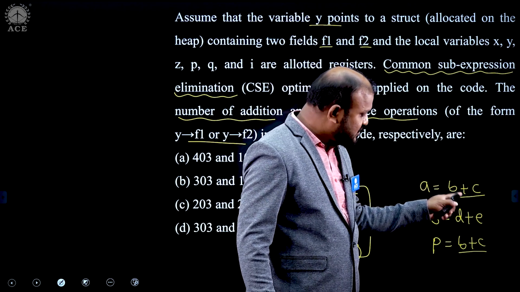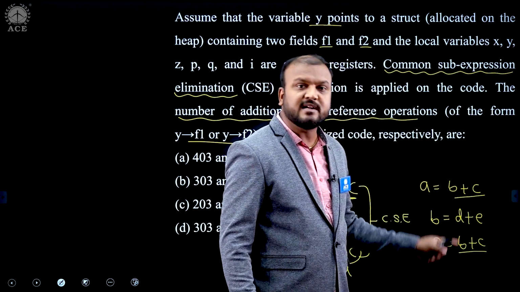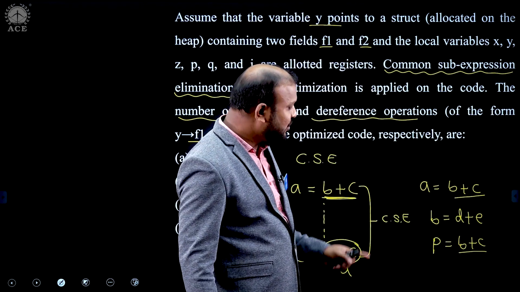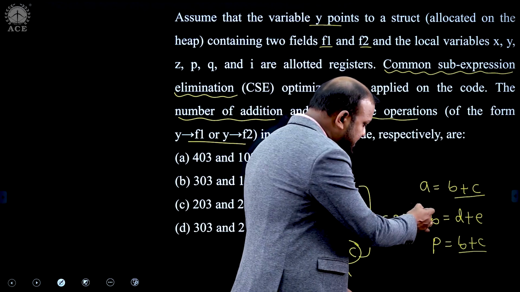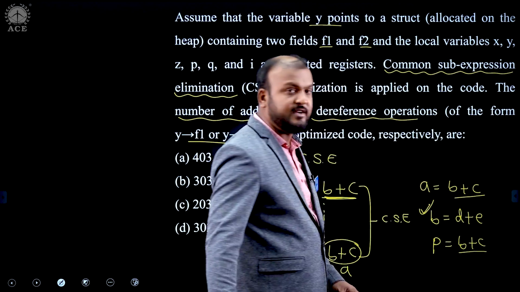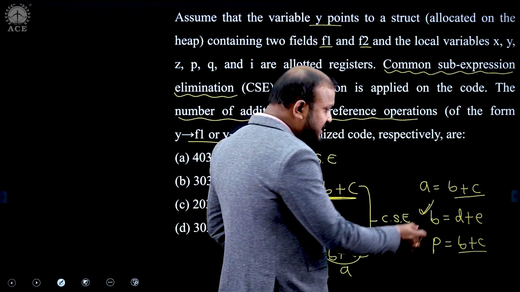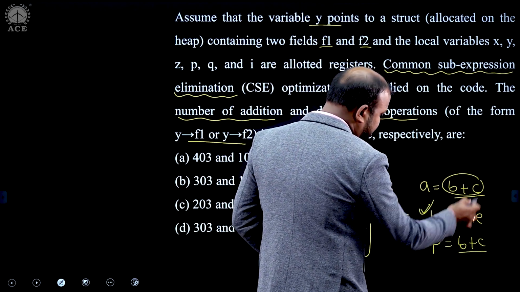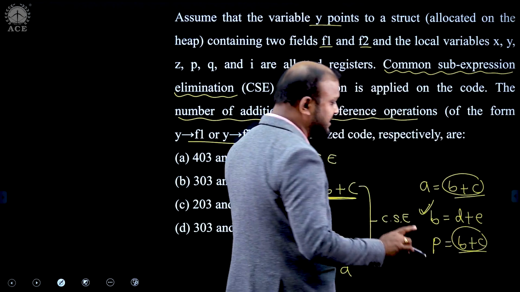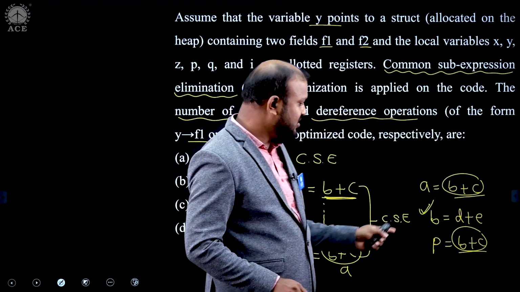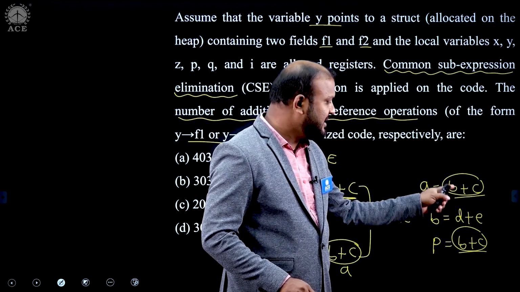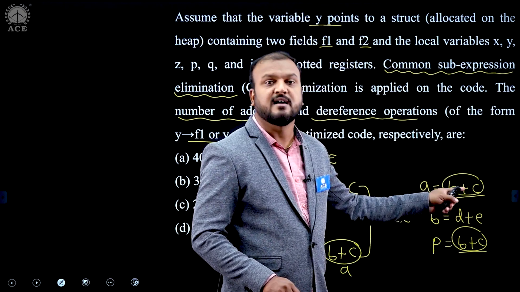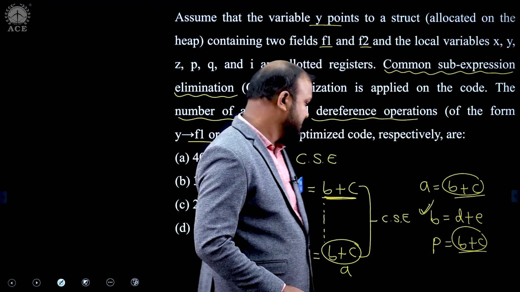But these two B plus C's are not considered common sub-expressions. Why? Because the value of B is redefined with some different value here. So whatever value is computed here and the value computed here are definitely not the same. Because the value of B is redefined, we cannot call B plus C in these two places common sub-expressions.